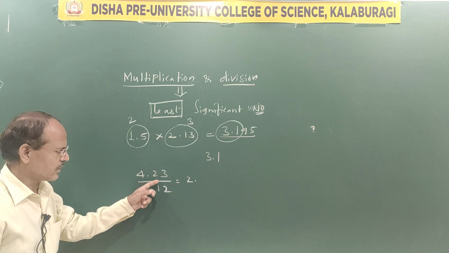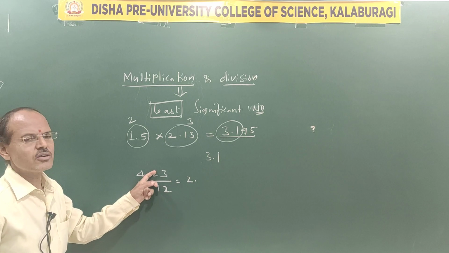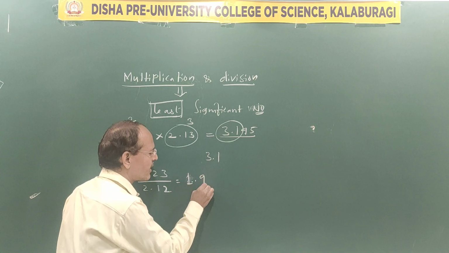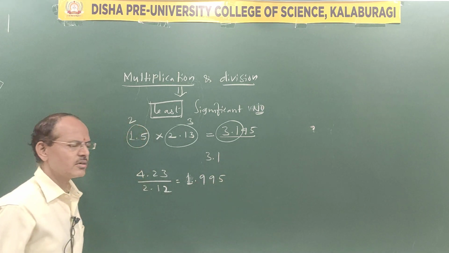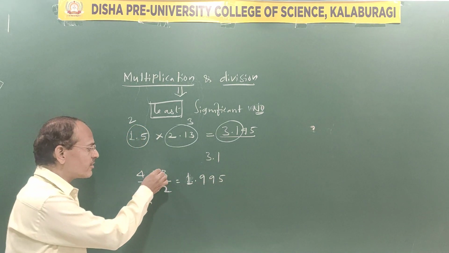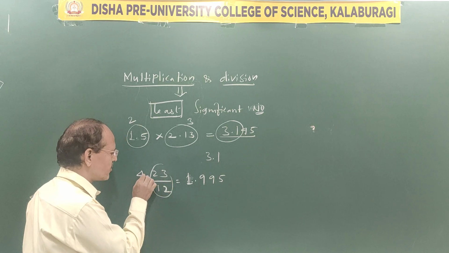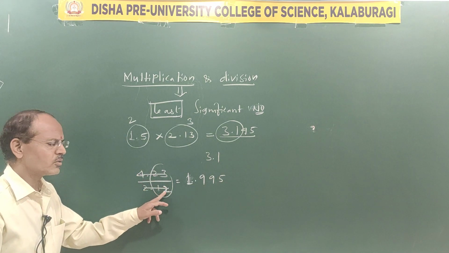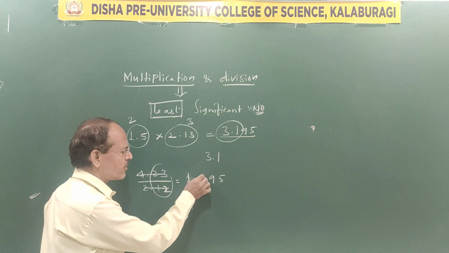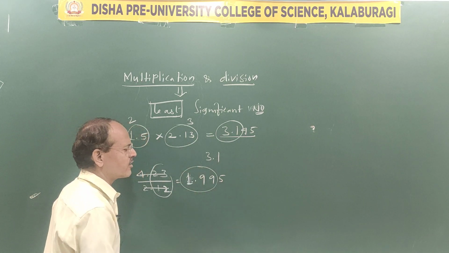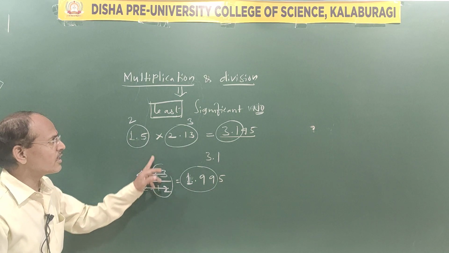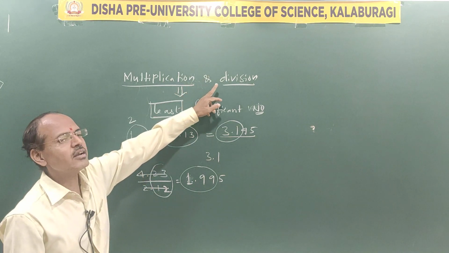Actually it was 1.995 approximately. In this case, both have the same number of significant figures, 1 2 3, 1 2 3. At that time you should select 1.99. So that is in case of multiplication and division.